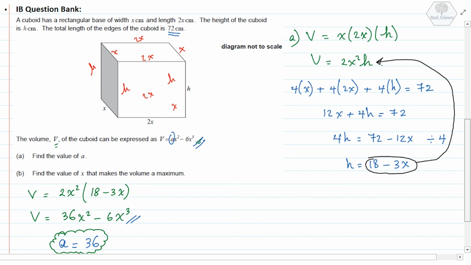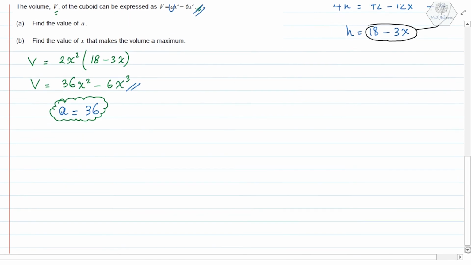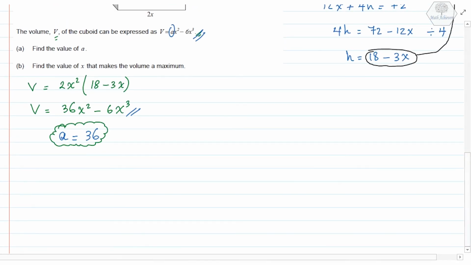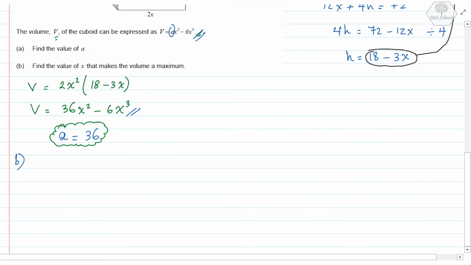Let's do part B of the question. For part B, we need to find the value of x that makes the volume a maximum. To make the volume a maximum, we need to make dv over dx equal to what? To 0.